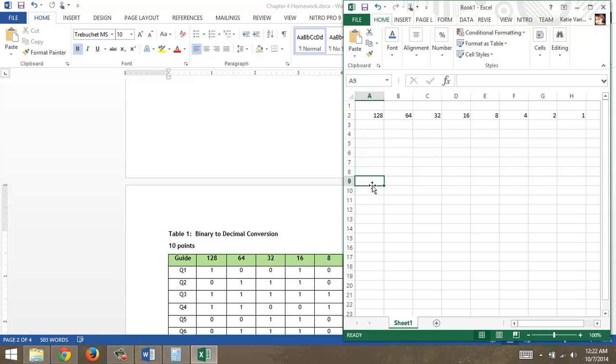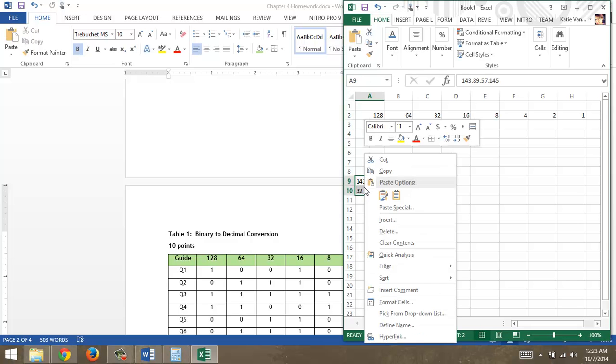Any IP address like this is called dotted decimal notation, and you can convert it into binary notation, which is a series of 32 ones and zeros, so 32 binary numbers, and each set of 8 is called an octet.